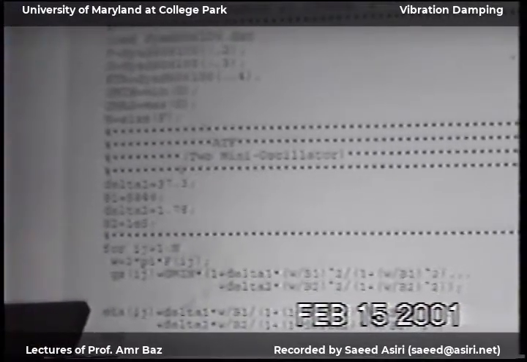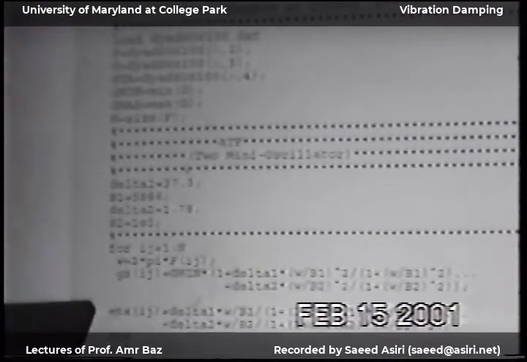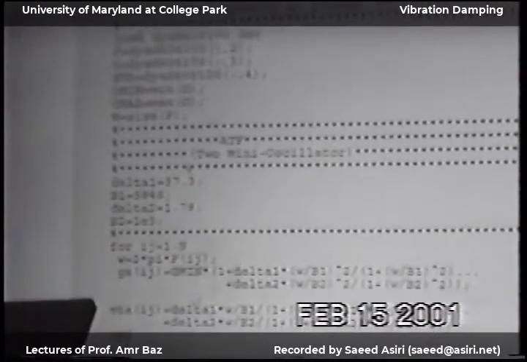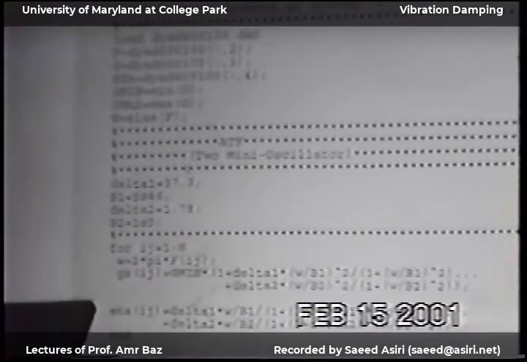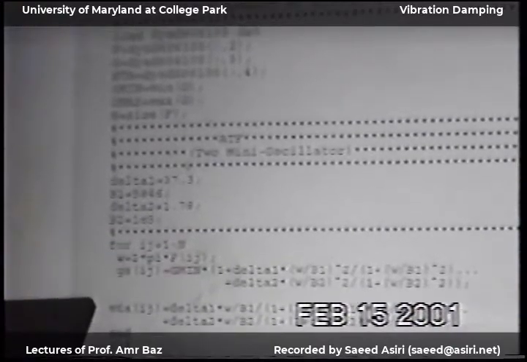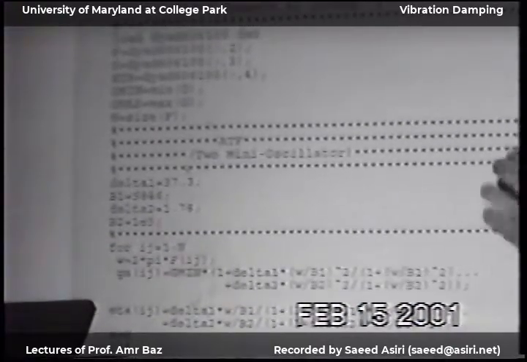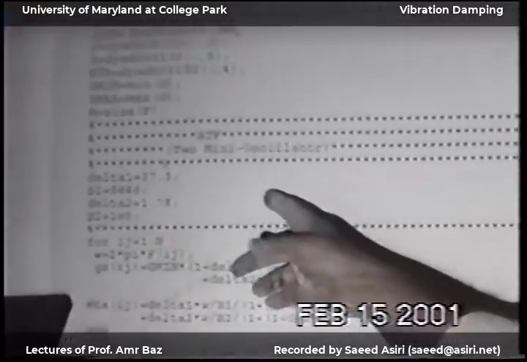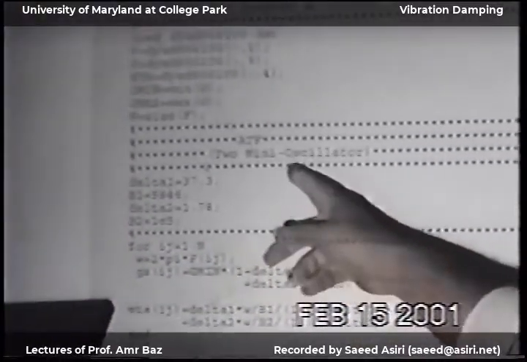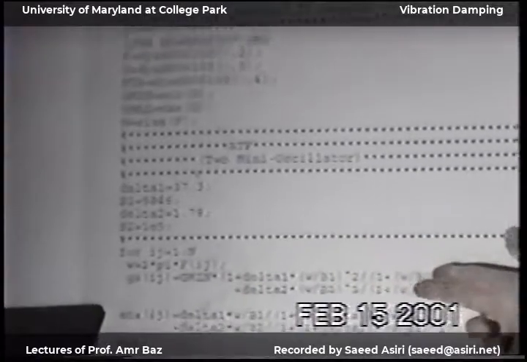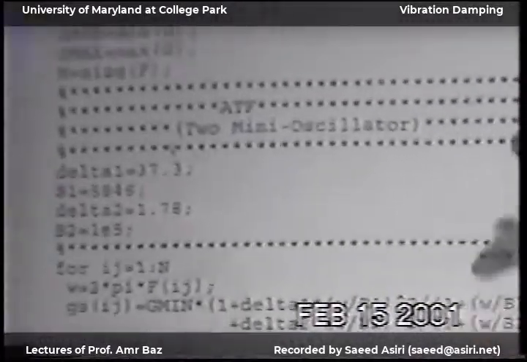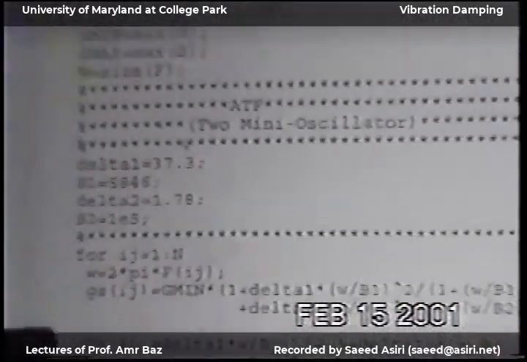That's how I generated these parameters. Now I put them in, and I have two mini oscillators, ATF mini oscillators, that predict these numbers, and I plot them again against the experimental results.